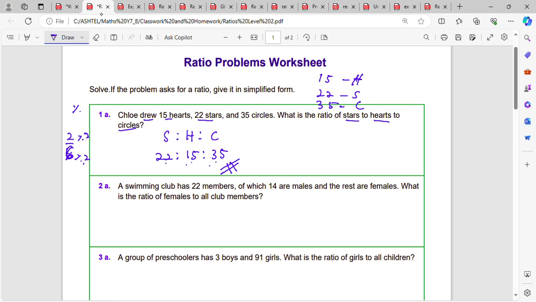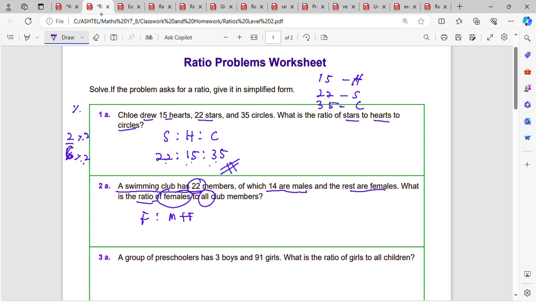Okay, so then let's go to number 2. We have a swimming club that has 22 members, of which 14 are males and the rest are females. What is the ratio of females to all club members? So your ratio should be females to all club members, meaning male plus female. You see the swimming club has 22 members.